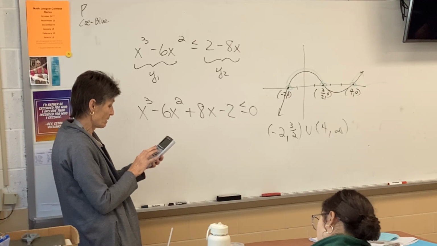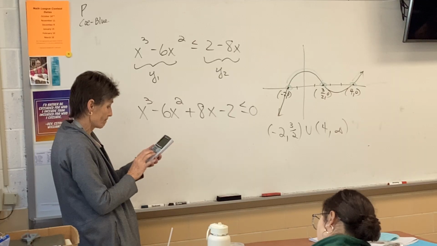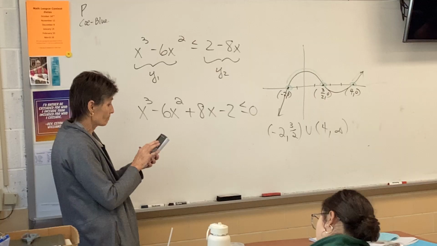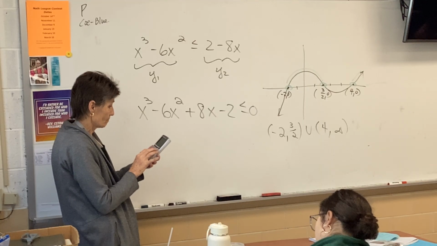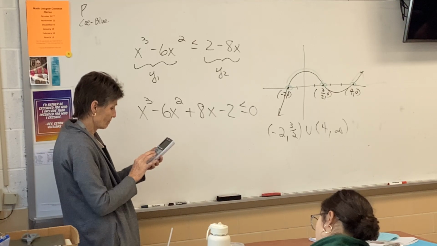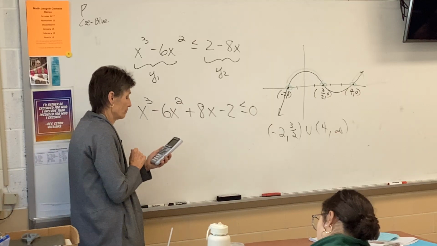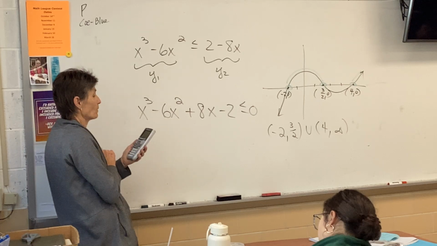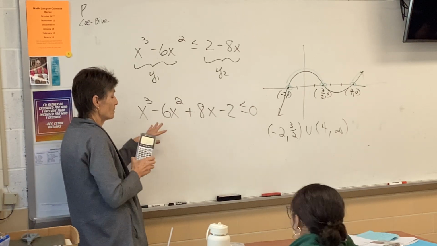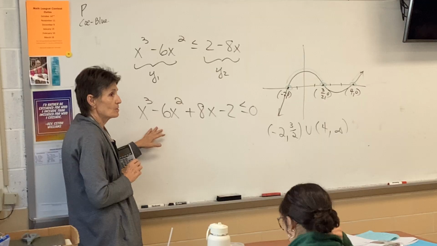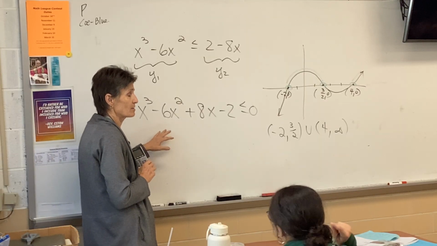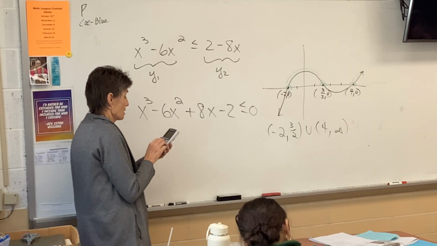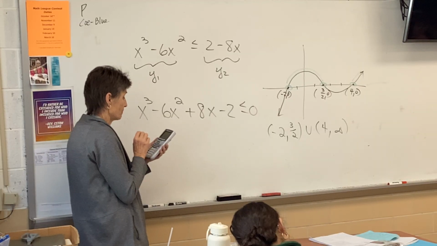Whatever you think you're gonna be able to best manage. And remember, your window is all boogered up from the last problem we did. So you might want to zoom 6, that's zoom standard, and then adjust from there. That's up to you.